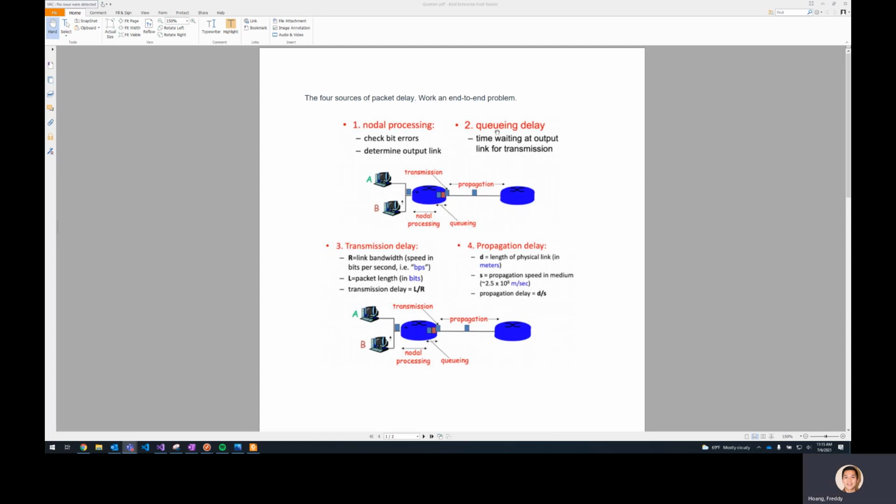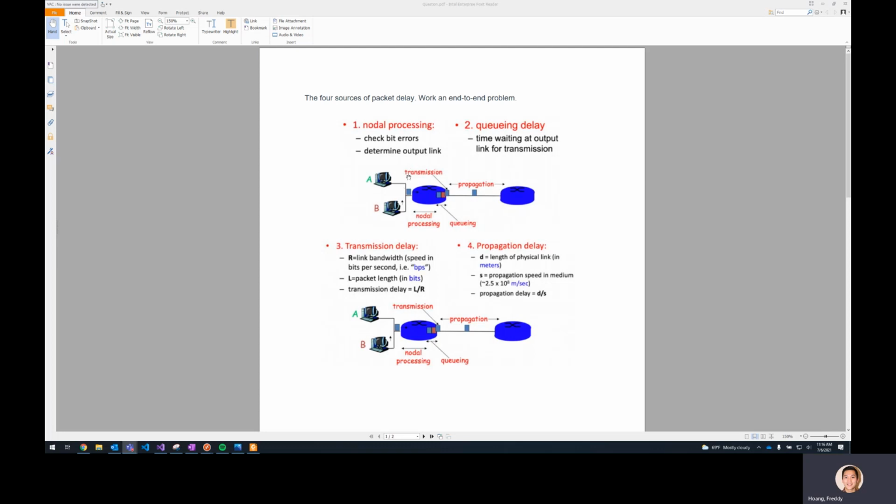And then here we have queuing delay, which is essentially just the amount of time that you'll have to wait to process through that said tool. So let's say we have like 10 packets here, and well, the 10th packet is going to have to wait for 9 more packets in front of it to process through the tool.